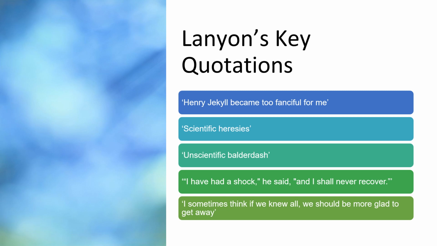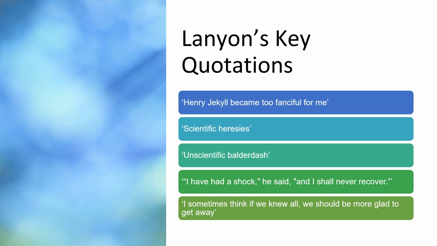Then we've got the quotation scientific heresies. Heresies are things that go against God. So once again, we're aligning Lanyon with the religious aspect. Despite being a scientist, he still has respect for those religious traditions of Victorian society. We have the quotation unscientific balderdash.